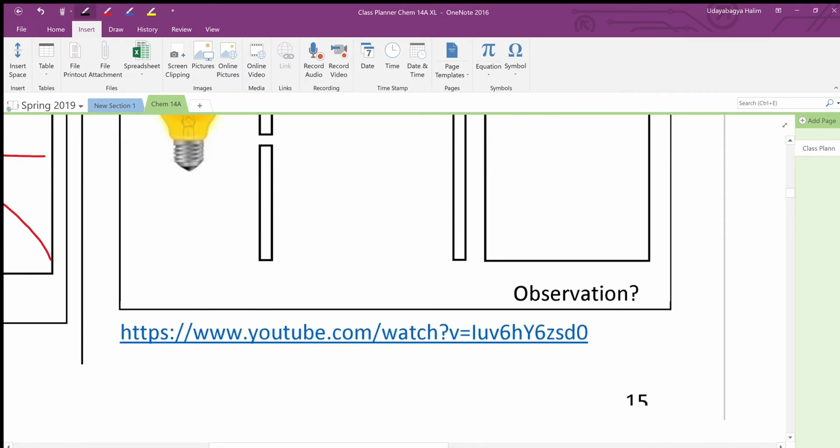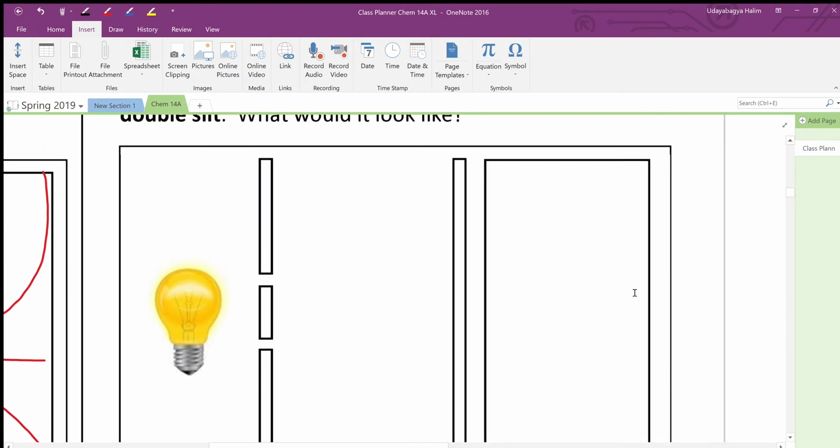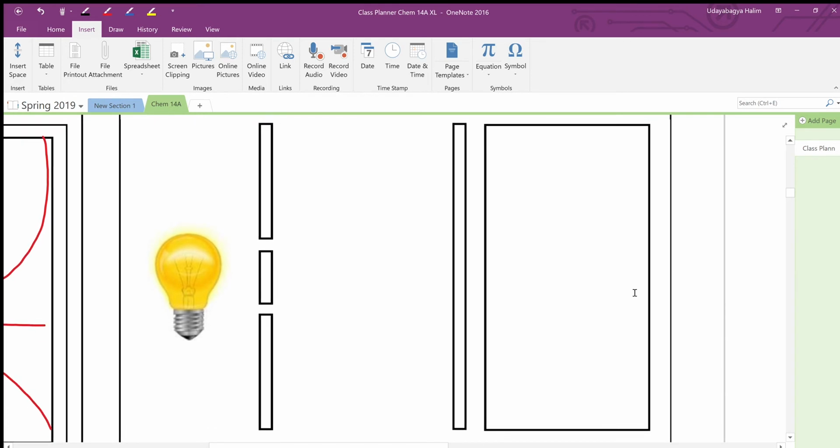But if you were to do this experiment with two slits instead of a single slit, what you'll see is something that looks like this.